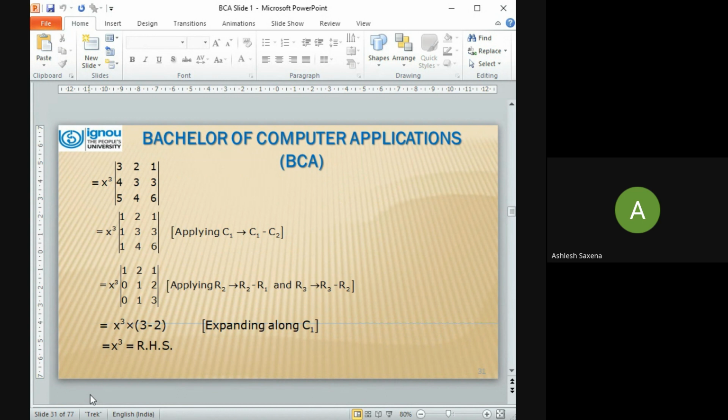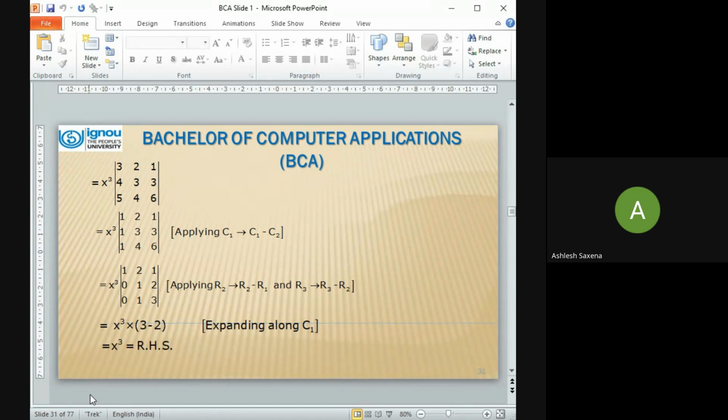Here in this problem, you have seen that these were the numbers. Again, I have applied column transformation to simplify it. And after simplifying it, what I found is that still in a column I'm getting 1, 1, 1.